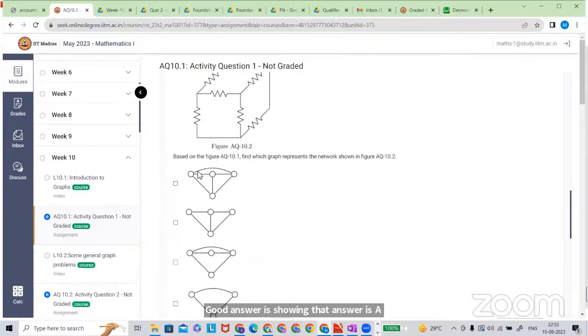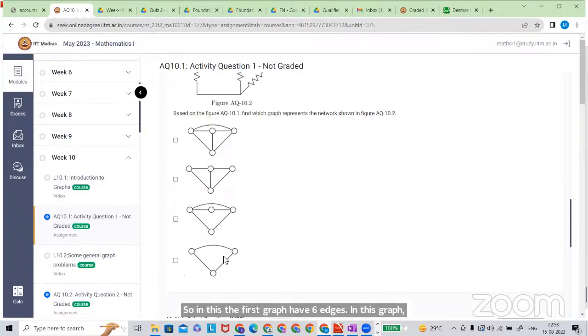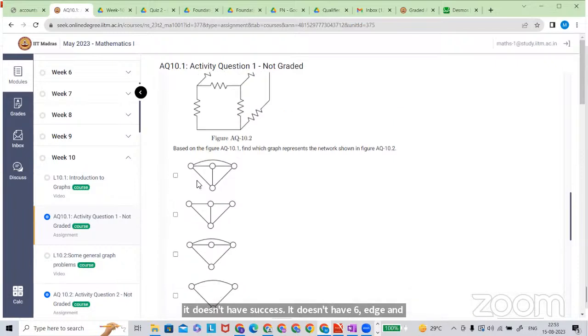So that means it has 6 edges: 1, 2, 3, 4, 5, 6. The first graph has 6 edges. This graph doesn't have 6 edges, and this one also doesn't. Only one graph has 6 edges.